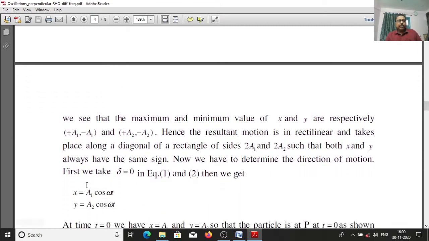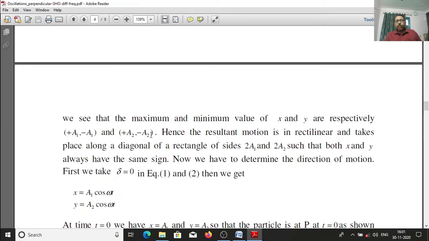If we take delta equal to 0, then x equals a1 cos omega t and y equals a2 cos omega t, and the maximum and minimum values of x and y are still plus a1, minus a1 and plus a2, minus a2.